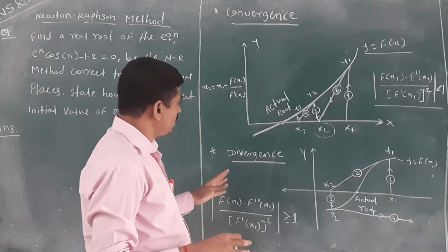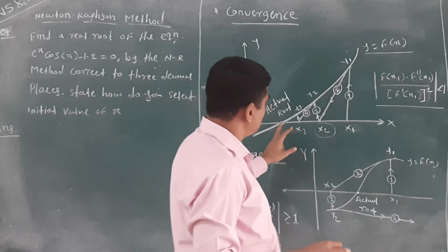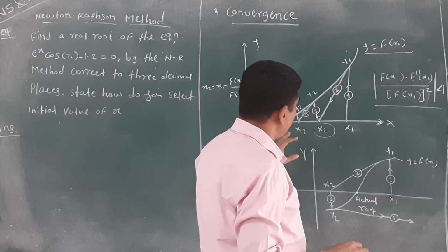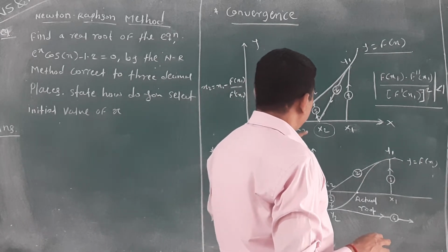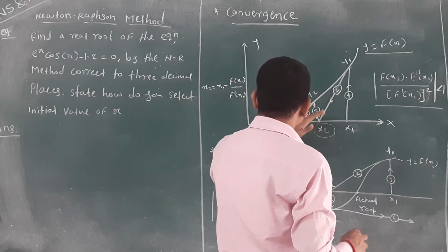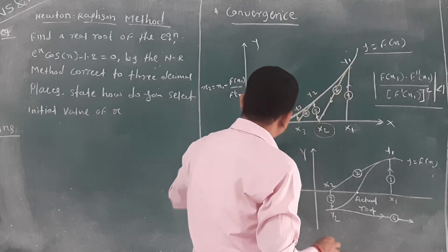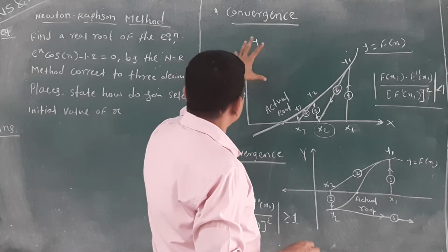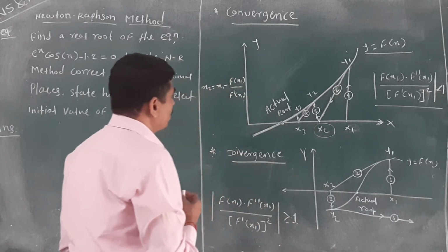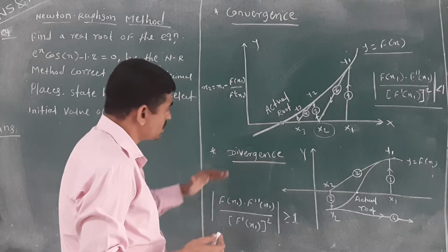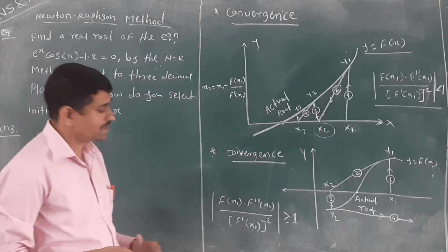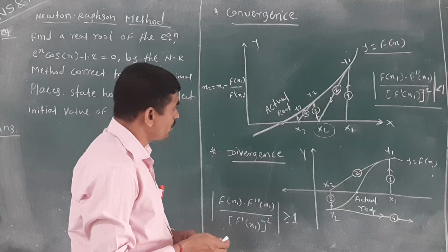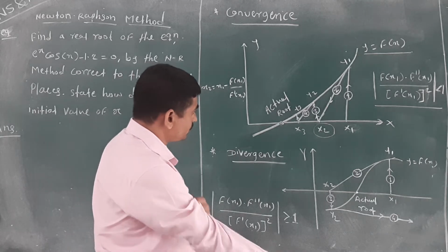In this case we are approaching towards the actual root, that's why this method is known as a convergence method. Second is the divergence method.